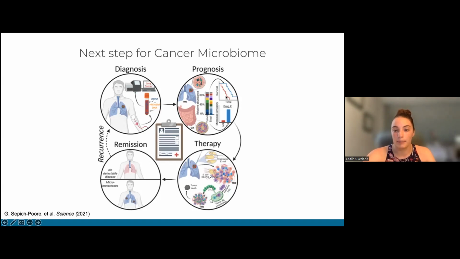Not only that, but prognosis. The cancer microbiome may determine how well people react to things. There's an entire field on the cancer microbiome and the therapies associated with modifying different things to allow them to be used as drugs. And then finally, with remission and checking patients to see if we have detectable disease or not.